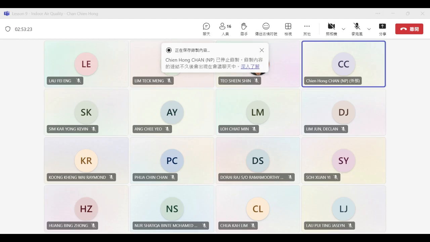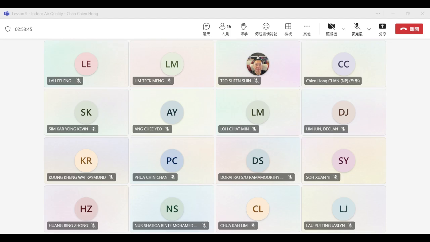So next week we will continue with the remaining topics. And you can let me know by next week how you have been forming your team in completing this IAQ assignment. Is that okay? Okay.